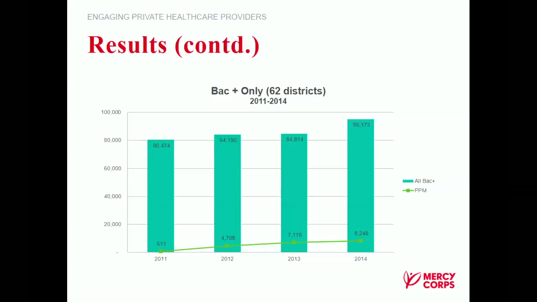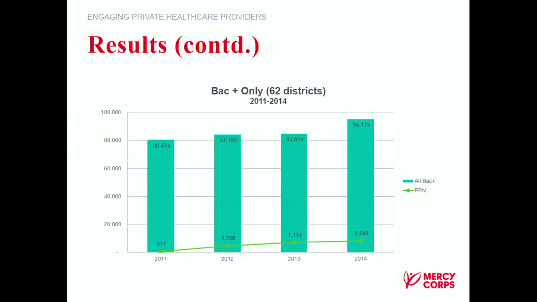I hope you can see the green line, which was the PPM data. So in 2011, when the program started, of the 80,000 cases that were reported, only 600 were from the private sector providers. Like I said, it took us a year to really set up the program in these districts, and it was on a fairly large scale.